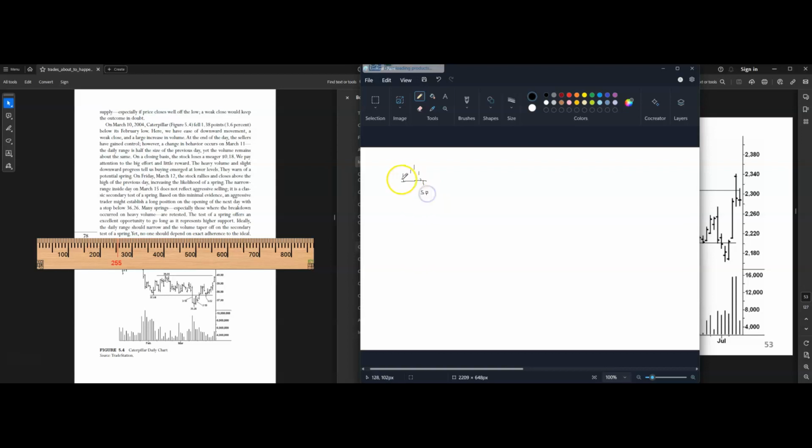It has penetrated the low. What does it mean? It doesn't mean anything. It means it's a spring position. It could also be a lower low. We don't know. So what are we looking for? We are looking for the market to go back in the range.